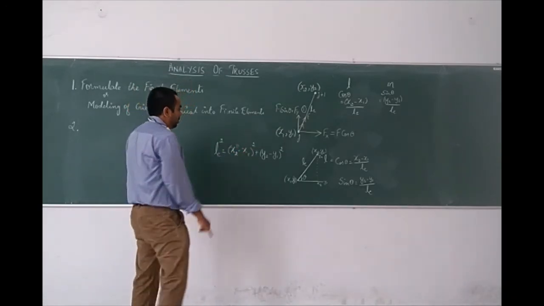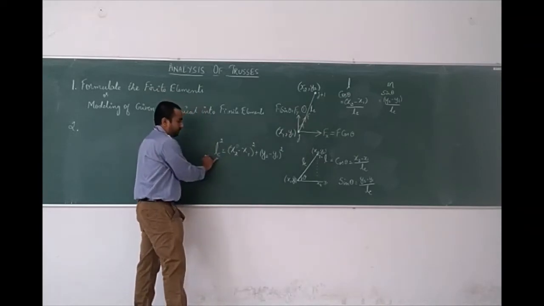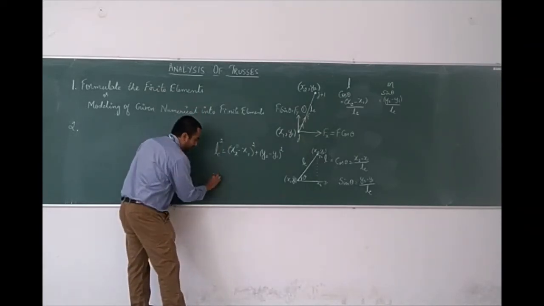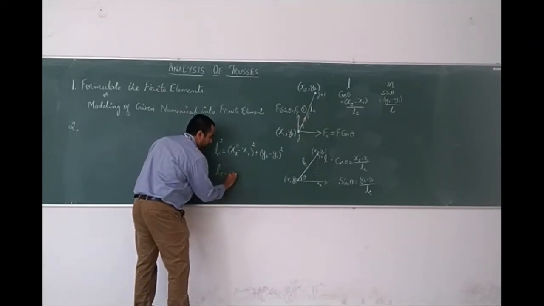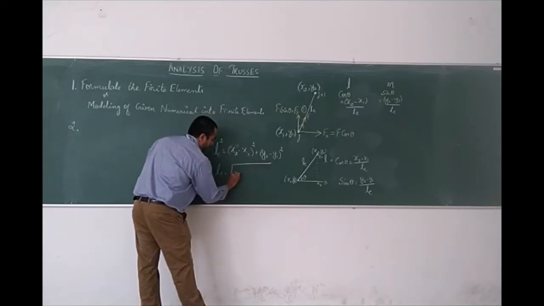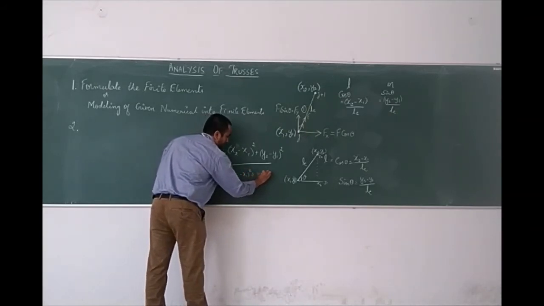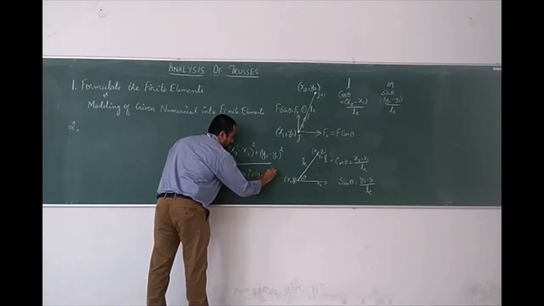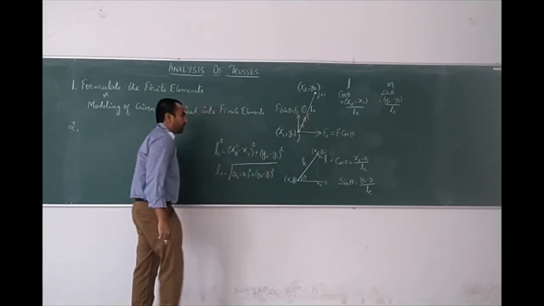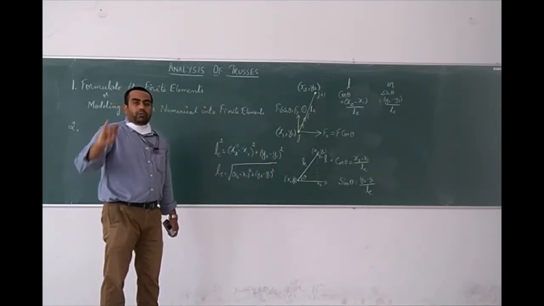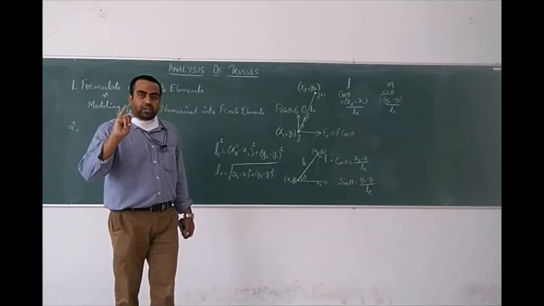So now we have calculated L e, or if you want only L e, it is root of x2 minus x1 whole square plus y2 minus y1 whole square. We know the length of the element L e.